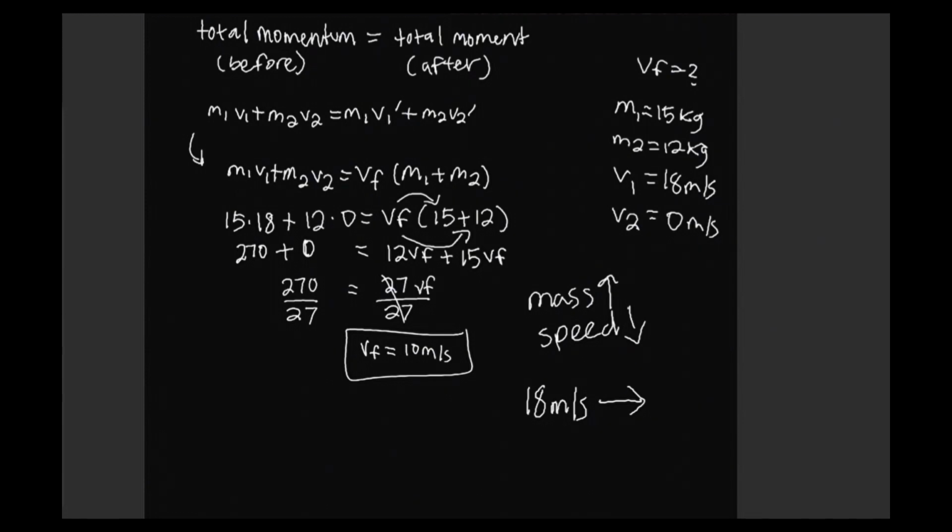Then our final speed was 10 miles per second. But then our second car started from 0 and ended at 10, because remember, this is the final speed for both of them. Why is it that this one started to speed up?